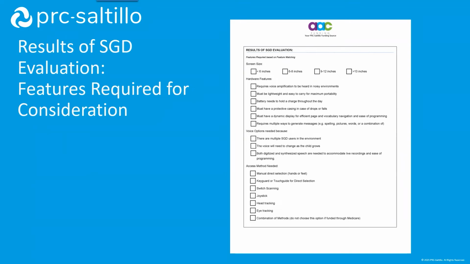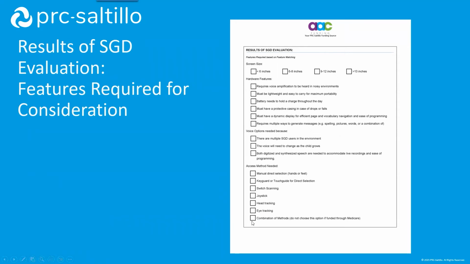Maybe I've had individuals where part of the day their stamina, their motor skills are stronger and they could do a keyguard and touch access. But by the end of the day, they were very fatigued and didn't have the best range of motion to do that, and they needed access to head tracking or eye tracking.